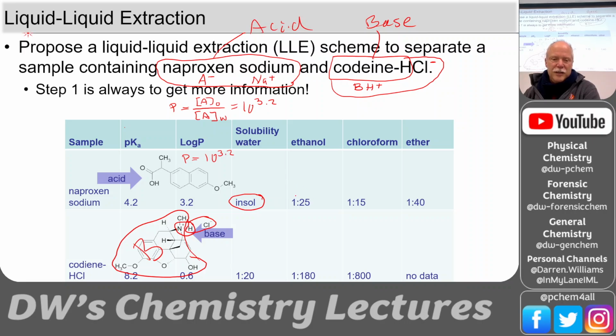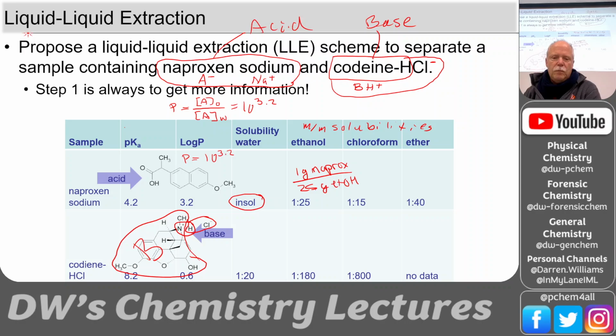These solubilities, how do we read this? These typically are by mass. So this means it's 1 gram of naproxen in 25 grams of ethanol.